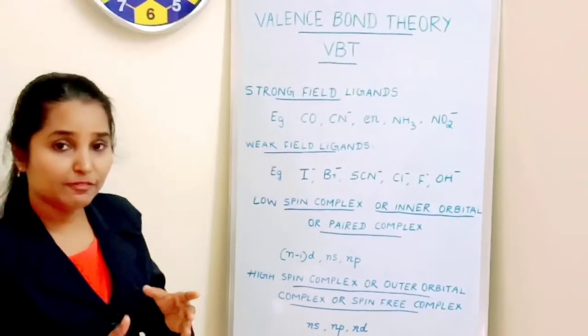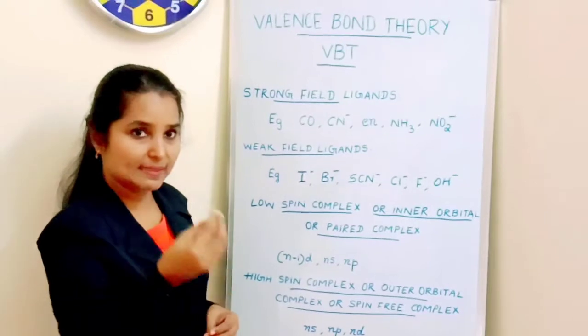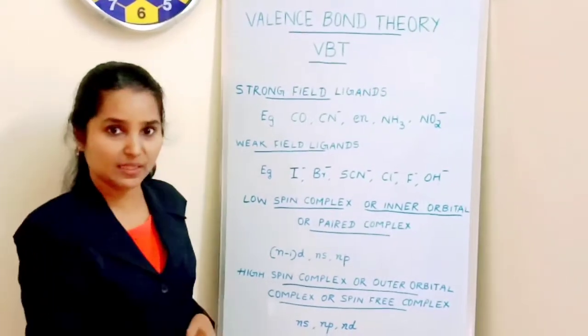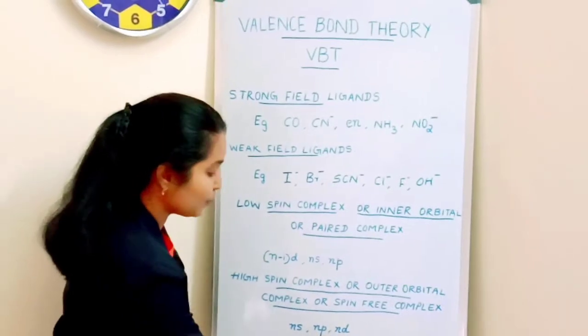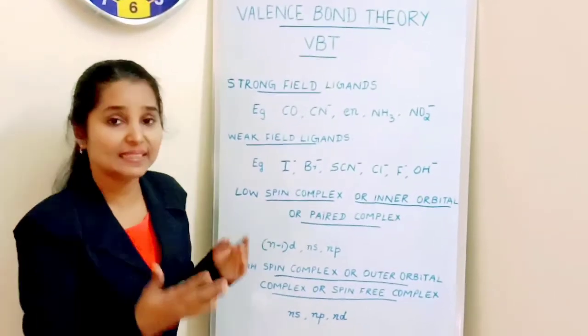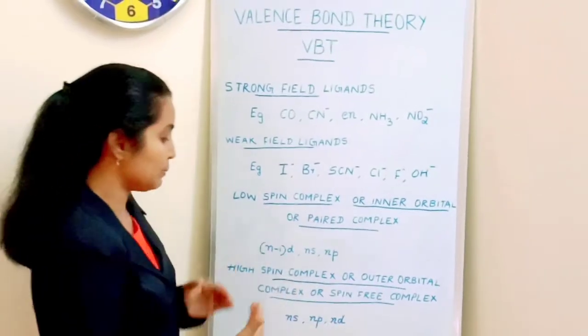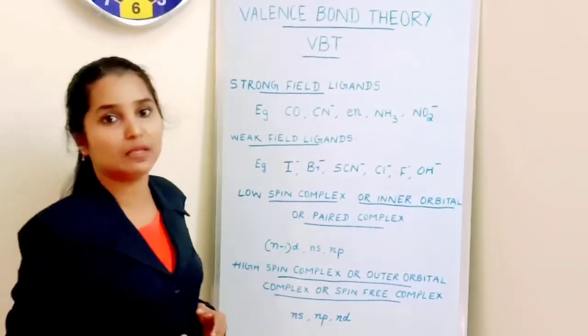Instead, if the electrons donated by the ligands are placed in ns, np, nd orbitals, for example 4s, 4p, 4d, we call it a high spin complex, outer orbital complex or spin free complex.